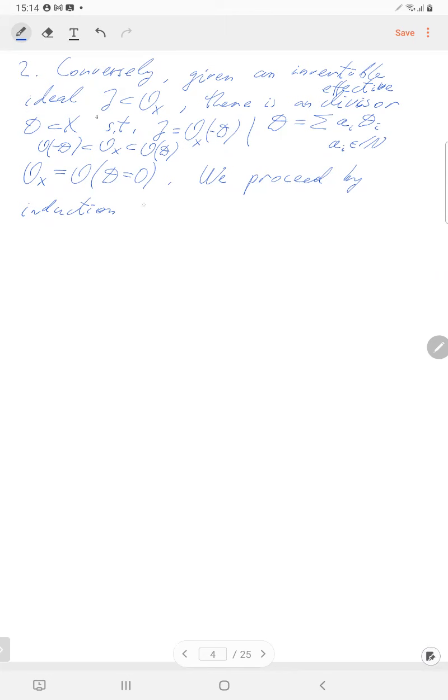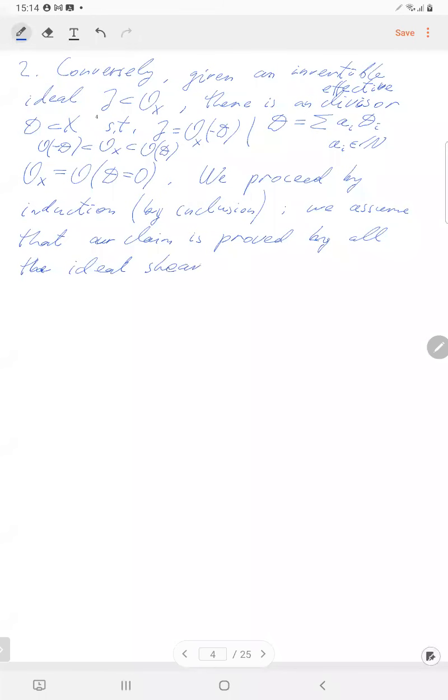So how to say it? By inclusion. So we assume that our claim is proved for all the ideal sheaves J prime that contain our J and that are contained in the structure sheaf.